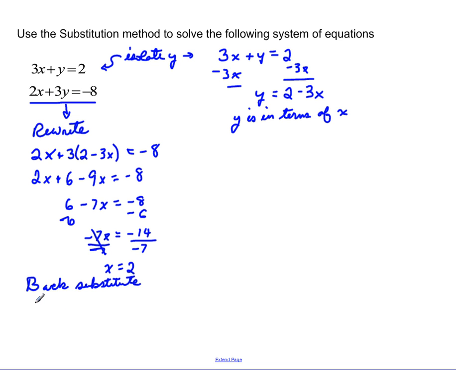Let's take that first one. It looks pretty easy. We take 3 times 2 plus y, and that should give us 2. Well, this is 6 plus y is equal to 2. So subtracting 6 from both sides will give us y is equal to negative 4.